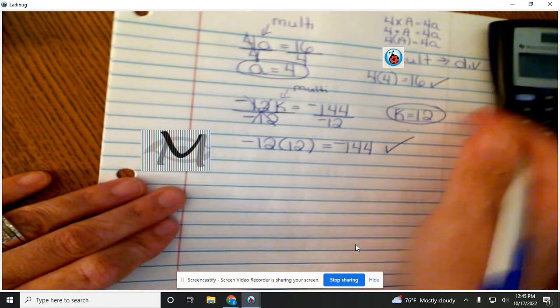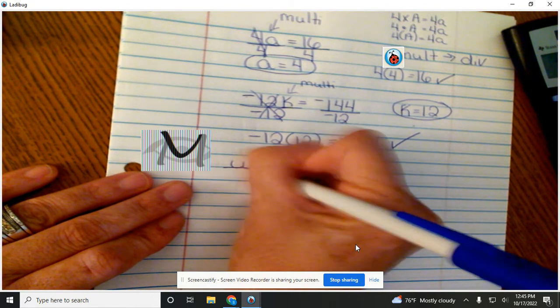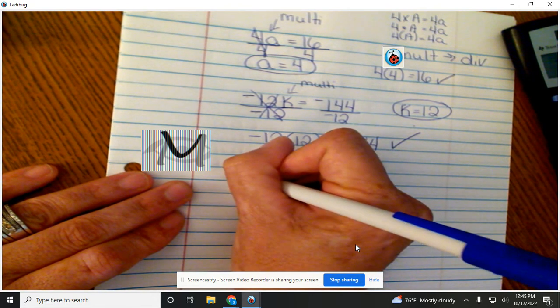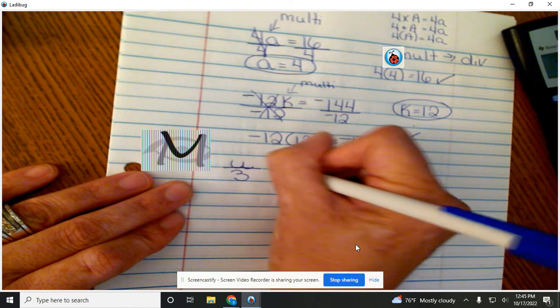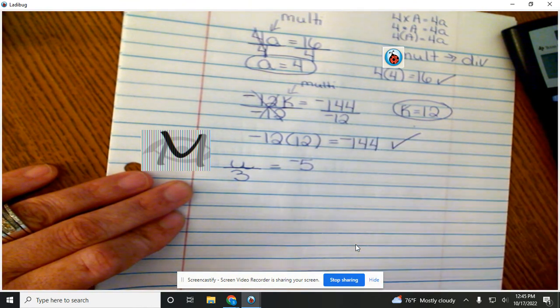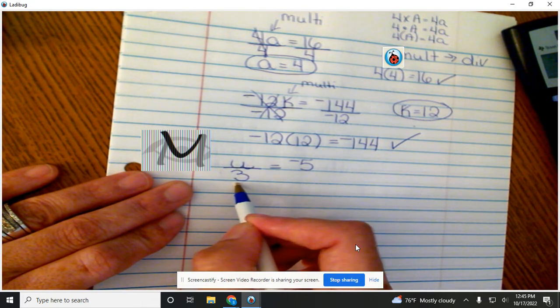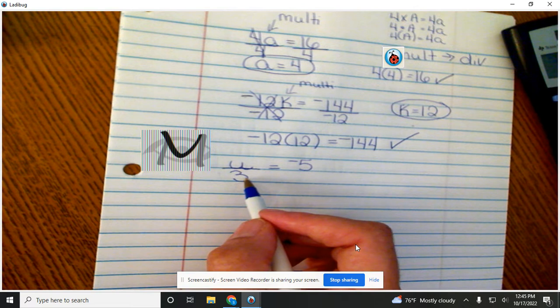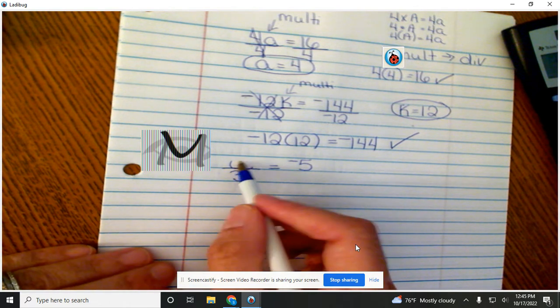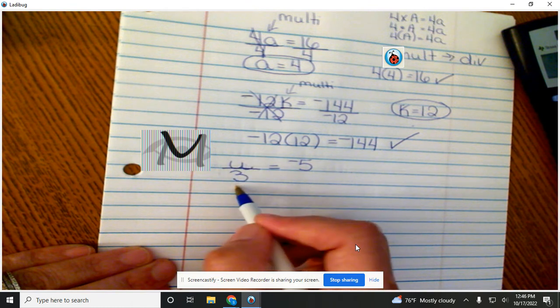A lot of confusion comes along when you see the division. So I have u over 13 equals -5. The reverse of division is multiplication. And when you do division, for you to go from division into multiplication, you have to reverse this or flip it.